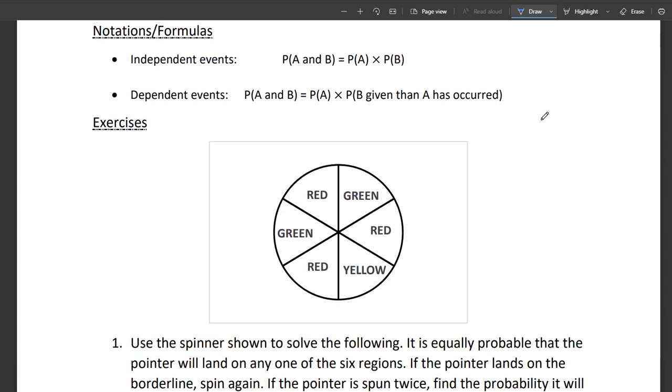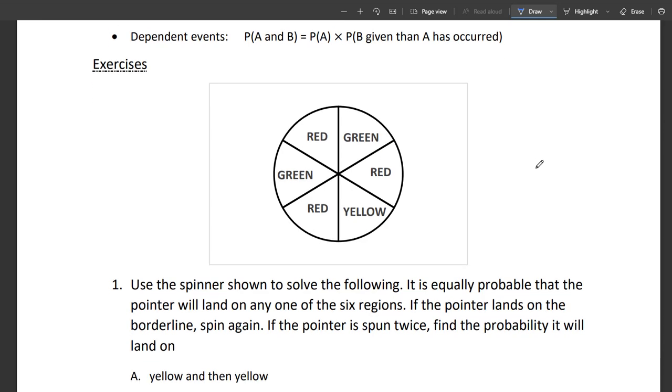Our notations and formulas: if they are independent events, then you're just going to take the first probability and multiply it by the second. If they are dependent events, then you're going to take the probability of the first event and multiply it by the probability of the second, given that the first event has occurred. So let's take a look at these.